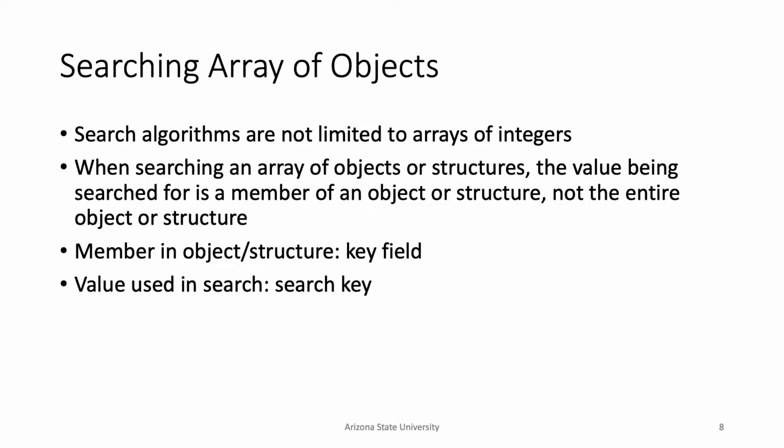Should I sort them by ID before I do the ID search, or order them differently? Because if I order them by ID, they might not be sorted by name anymore. Maybe they were sorted by name, and then sorting by ID invalidated everything about that. So you have to be a little bit careful about what you want the array to be sorted by.